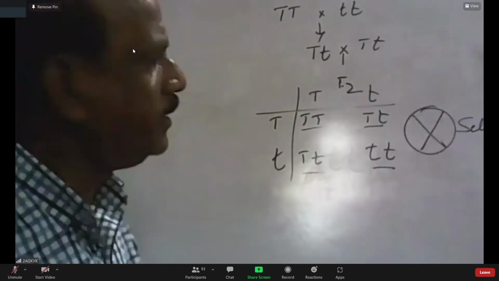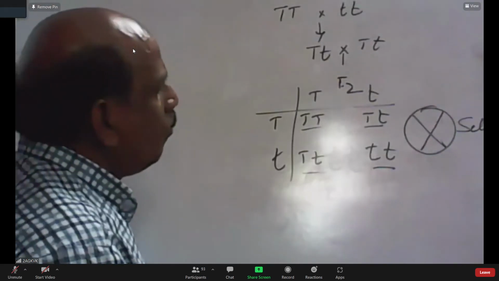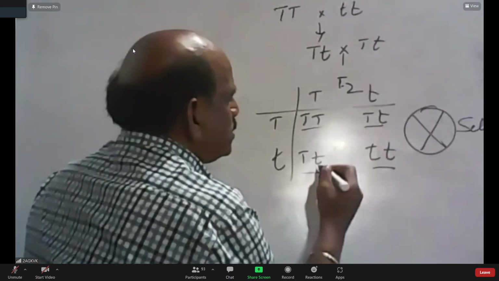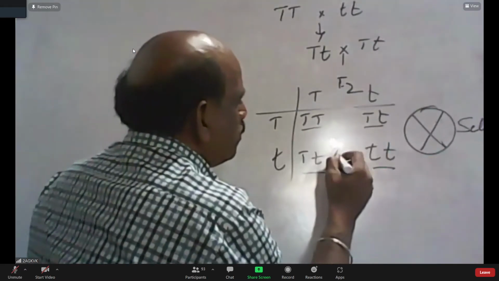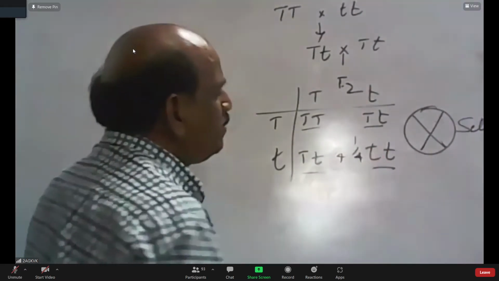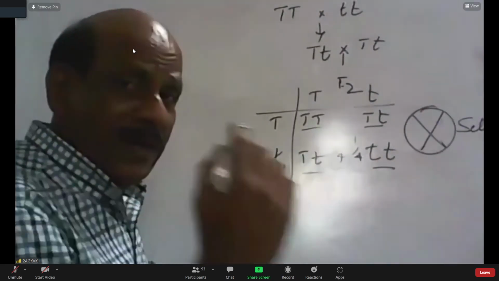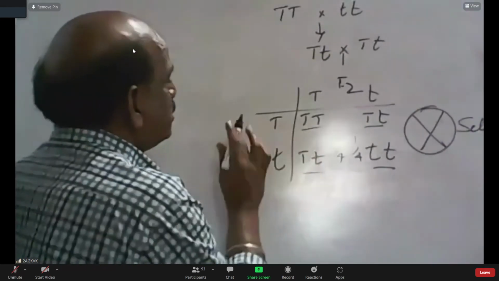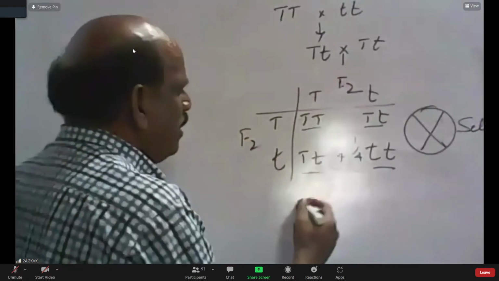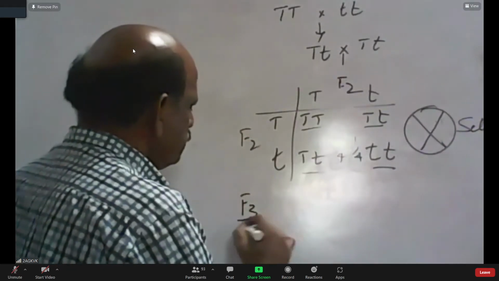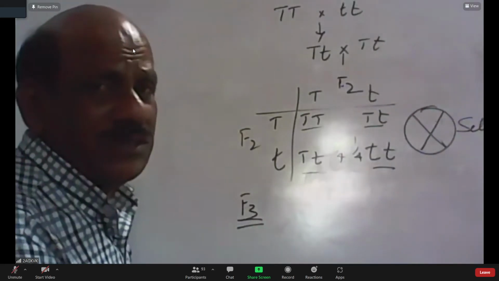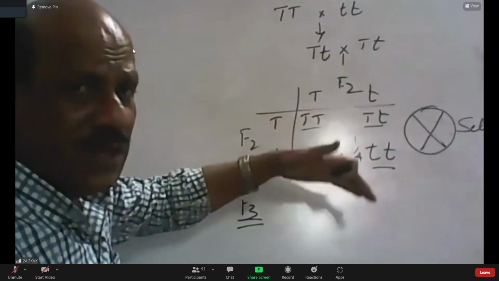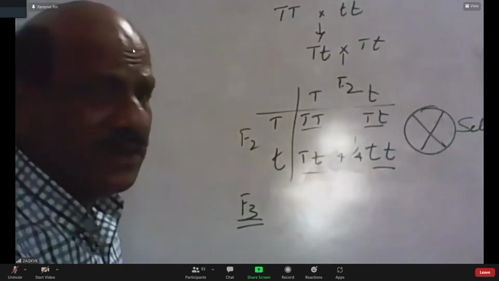Then what he observed was, we know this is tall, this is tall, this is tall. So 3 out of every 4 plants are tall, 1 out of every 4 plants are dwarf. Now this is your F2. When you self all of them, you will get the F3. So Mendel selfed all the individuals in the F2 and tracked how the trait behaves in the F3.